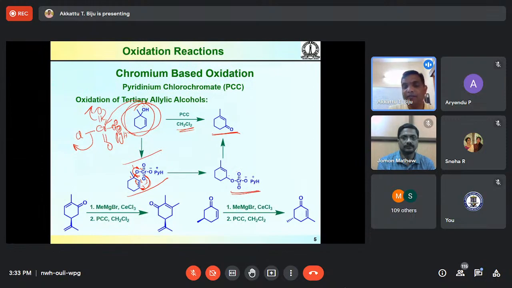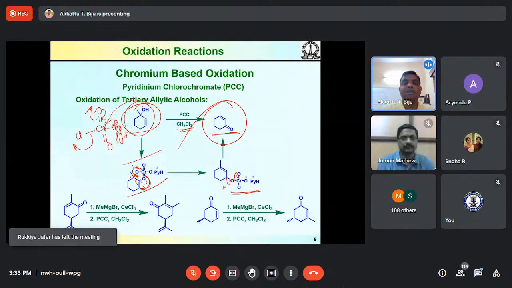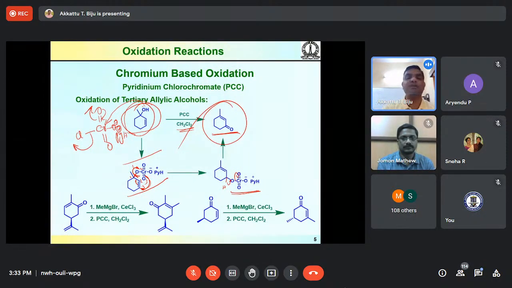Under workup, this can easily oxidize to the corresponding ketone. So this is one of the most important applications of PCC in organic transformation. So it can oxidize an allyl alcohol to the corresponding alpha beta unsaturated ketone.